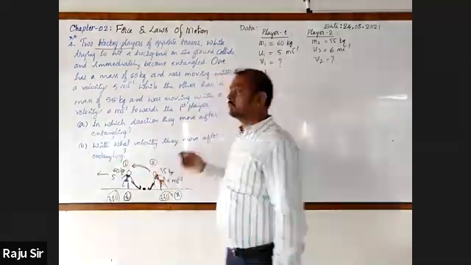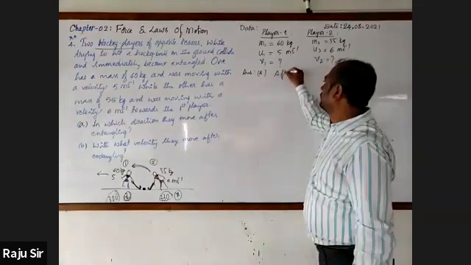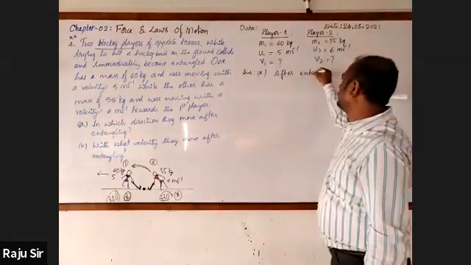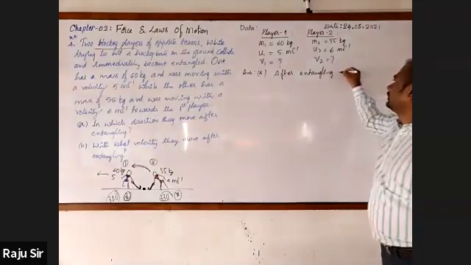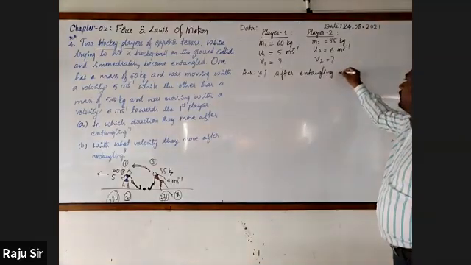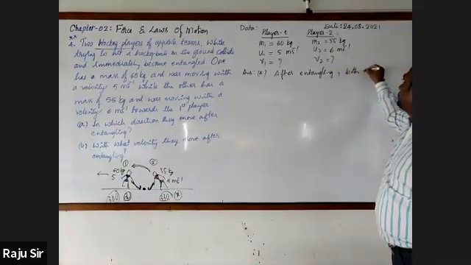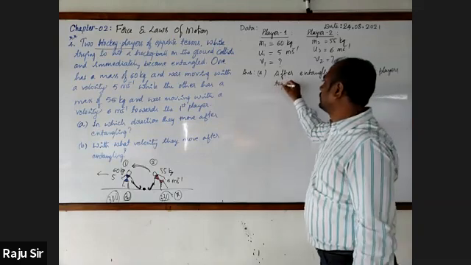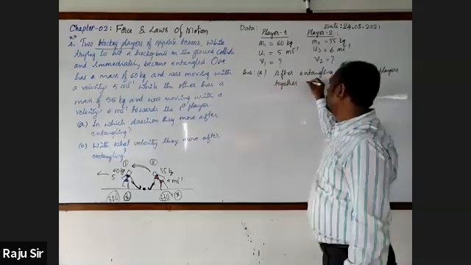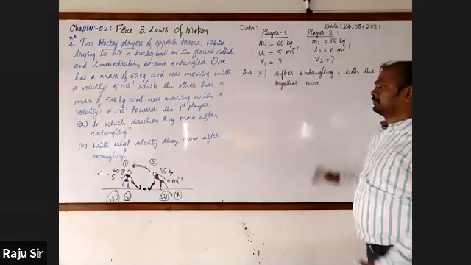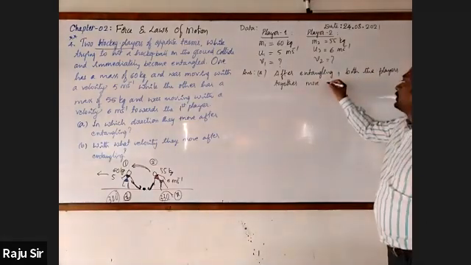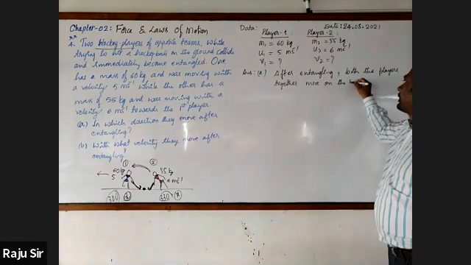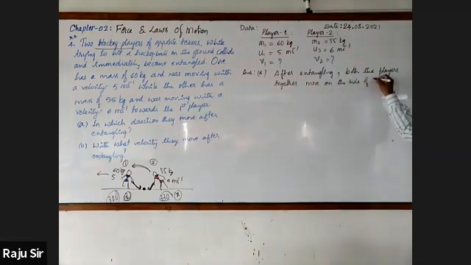After entangling, both the players move together on the side of the first player.